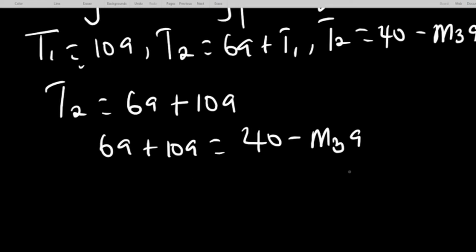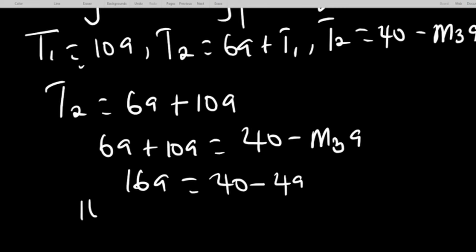All right. Now, what's our M3? Our M3 is 4. So here we have 6A plus 10A, that's 16A, is equal to 40 minus 4 multiplied by A, that's 4A. So moving the negative 4A to the other side, we have 16A plus 4A is equal to 40. 16A plus 4A is 20A.